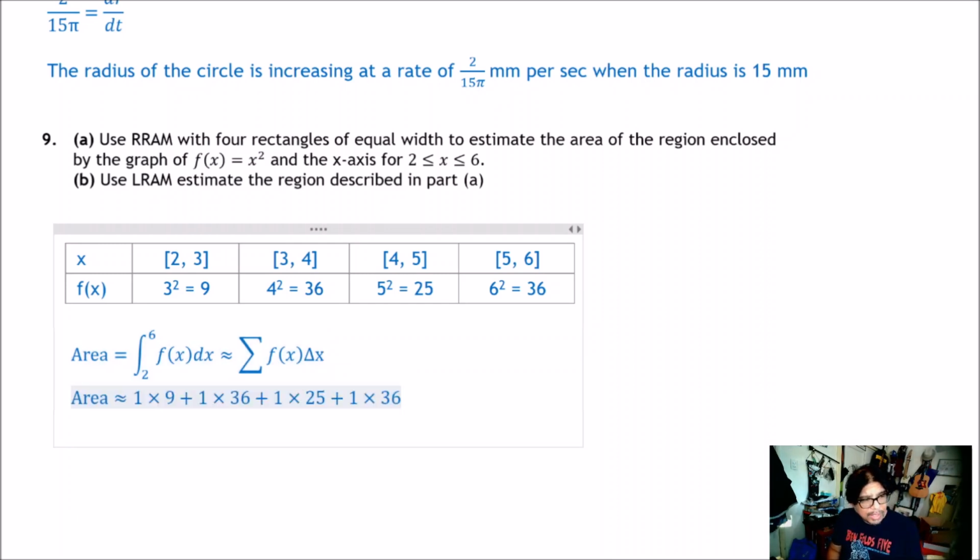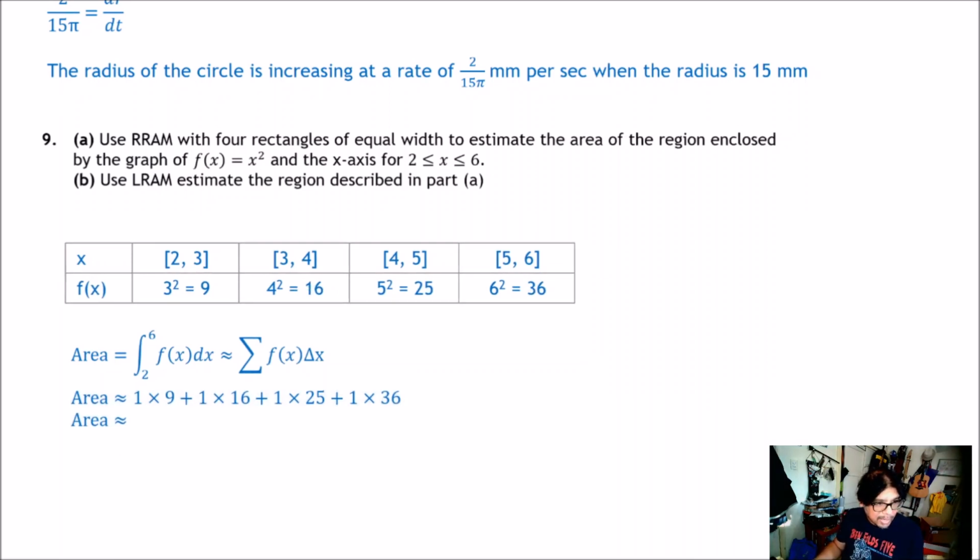So we get area can be approximated by 1, which is the delta x between 2 and 3, noting that 3 minus 2 is in fact equal to 1, multiplied by 9, plus the delta x for the second interval, which is 4 minus 3, or 1, multiplied by 36, plus this delta x, which is 5 minus 4, or 1, multiplied by 25, plus this last delta x, which is 6 minus 5, multiplied by 36.